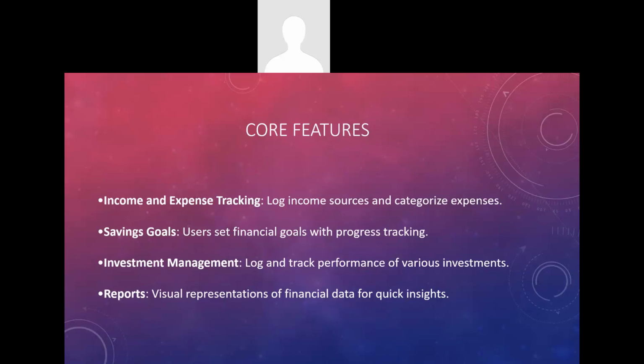With saving goals, users can set specific targets such as saving for a trip or an emergency fund and also track their progress visually. Investment management is another key feature where users can track their portfolio, monitor investment performance, and even make data driven decisions.